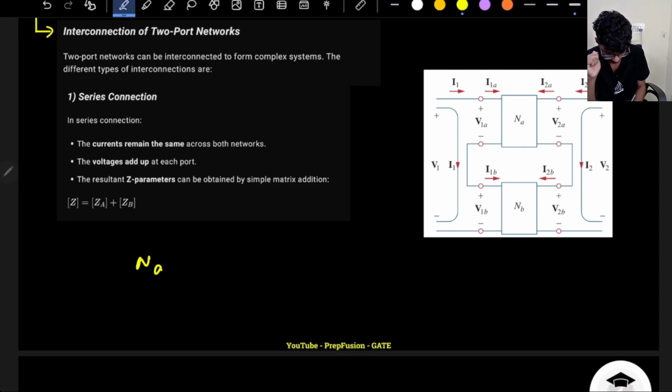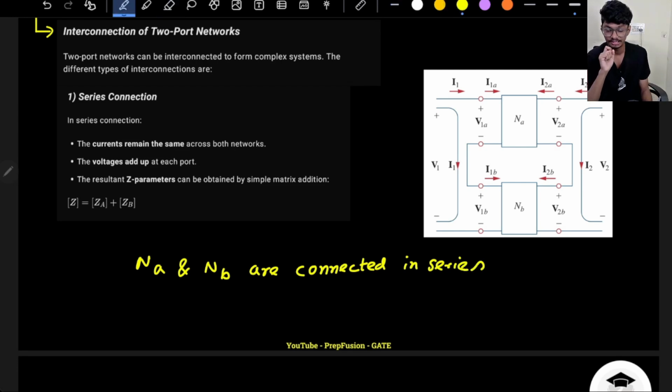If NA and NB are connected in series, it actually means that the current is the same.